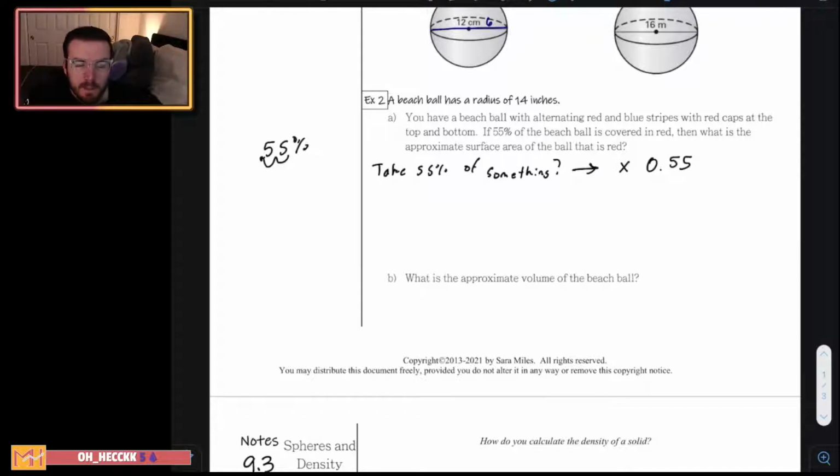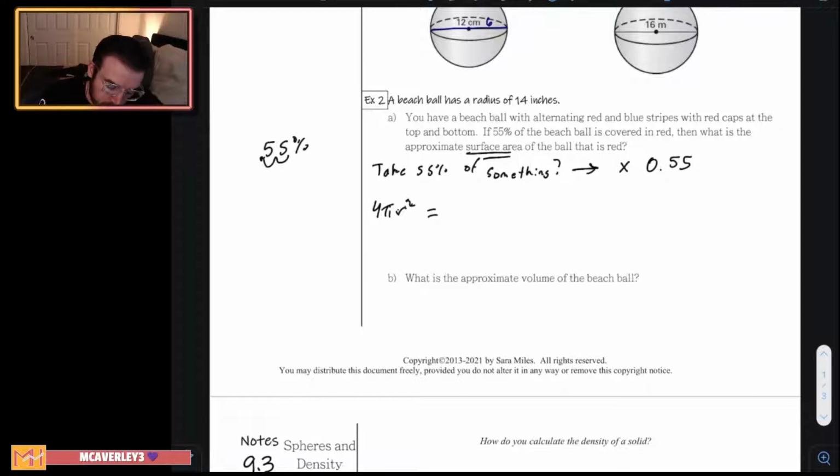And 0.45 for 45%, 0.35 for 35%. You get the point. So if we're talking about the red, it says surface area here. We're not using volume. The ball, the surface that you can touch, the red surface, that's, well, the surface. So we should use surface area, which is 4 pi r squared.